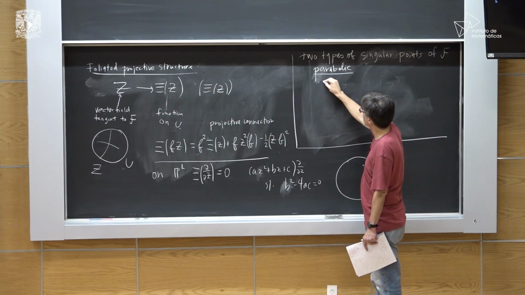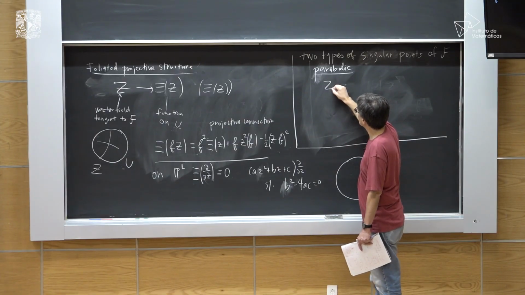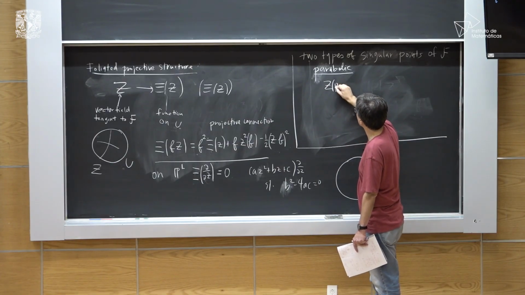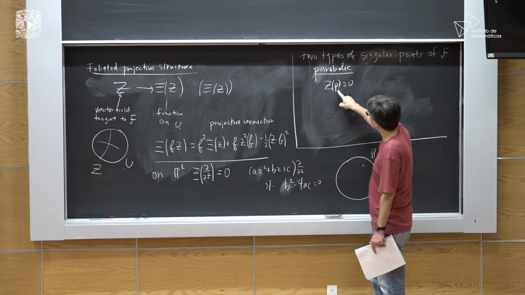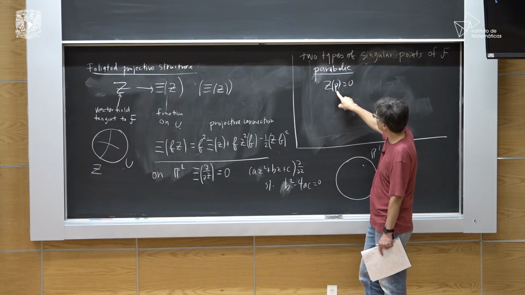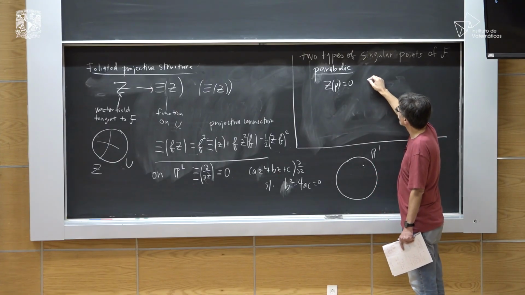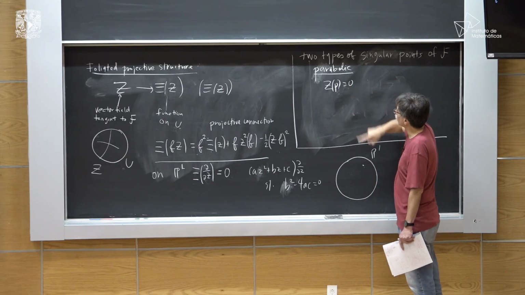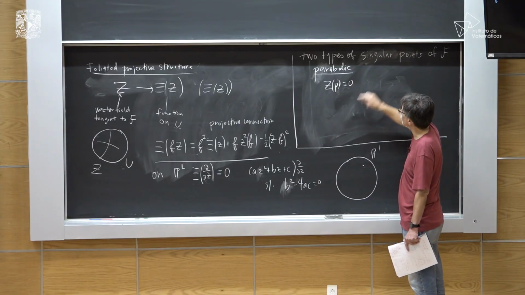Parabolic means that if I take a vector field, so this is a singular point, so I take a local vector field defining the foliation, and P is a singular point. So it is only in this setting that I define it; it's an attribute of singular points.